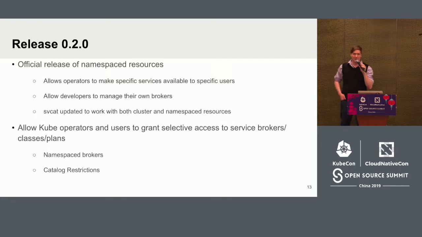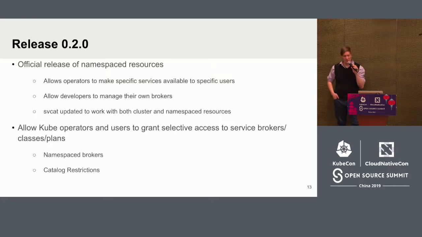Also, because adding cluster service brokers to the cluster is a very widely impactful action, it was usually recommended to be restricted only to cluster operators. But namespace versions of these resources can be installed in a single namespace and are much less disruptive to other users of the cluster. So there's probably a lot less reason to have restrictions on creating and using those types.